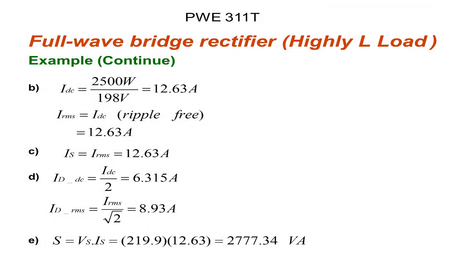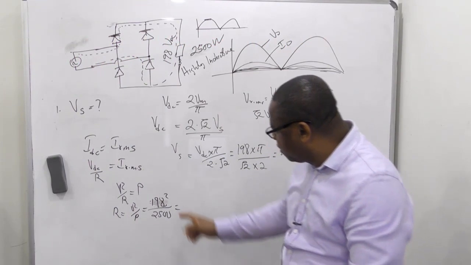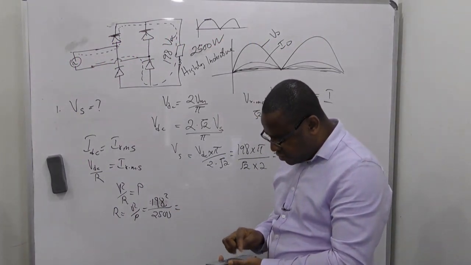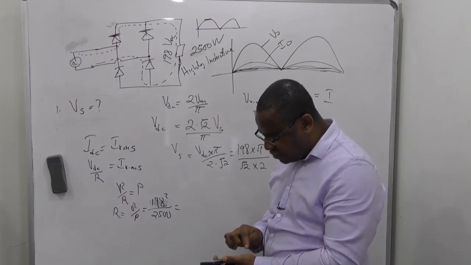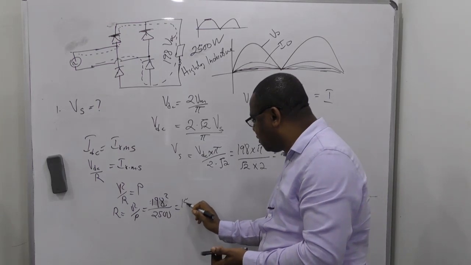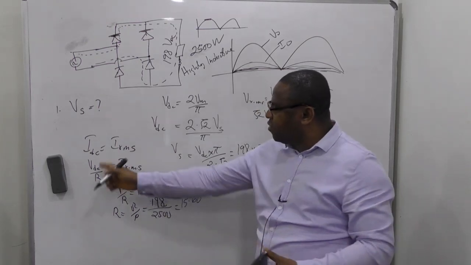Remember, we can use any method as far as you know your Ohm's law. Doing 198 squared divided by 2500, you get 15.68. That's the resistance.